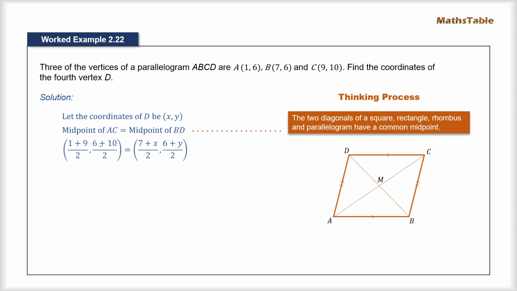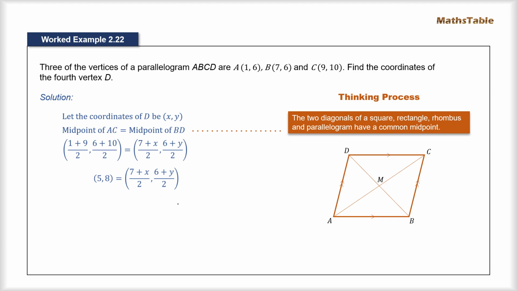So midpoint of AC can be found out on the left side, whereas the midpoint of BD can be found out on the right side. Now we can find the exact coordinates of midpoint of AC because we know their exact values. But for B and D, we don't know the coordinates of D, so we'll have to write the midpoint of BD in terms of x and y.